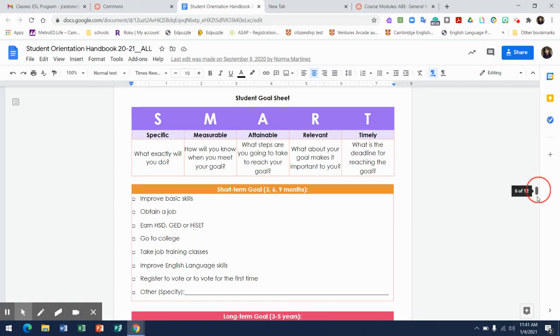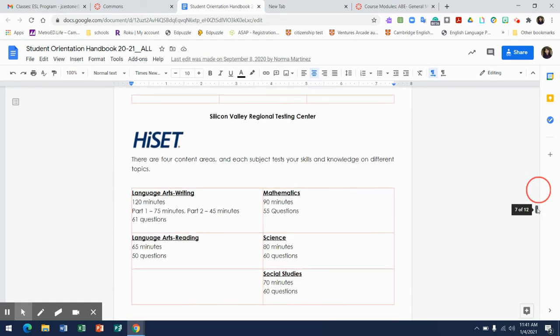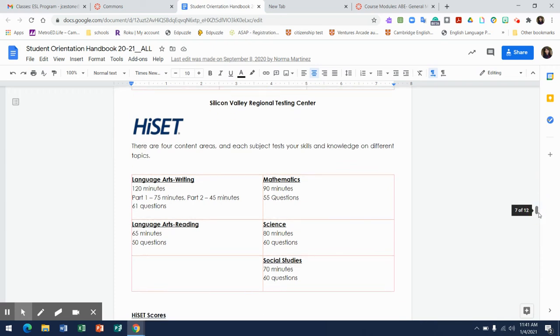Okay, so they should be filling this out and they should understand the content areas. They should be understanding how long it will take them to achieve their goals. So if they only need, for example, 4 units in math to get their high school diploma, how long should it take them to get there?